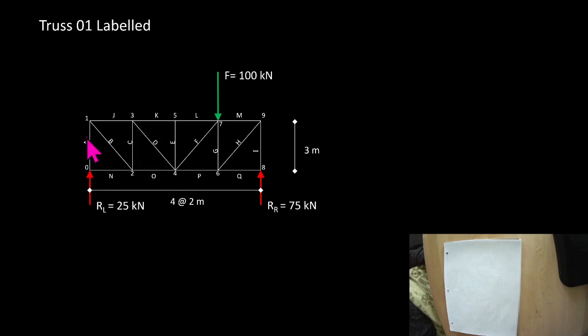So here we've labeled it A, B, C, D, E, F, G, H, I, J, K, L, M, N, O, P, Q. So every member has a label, and every node has a number. 0, 1, 2, 3, 4, 5, 6, 7, 8, 9. So we're going to go through and find all of the internal forces on this truss, and then we can use these labels and these nodes to help us keep track of what we've done.